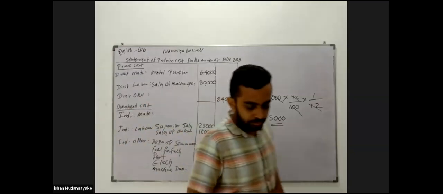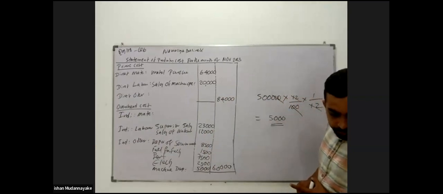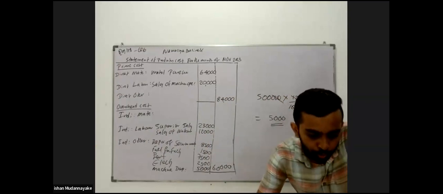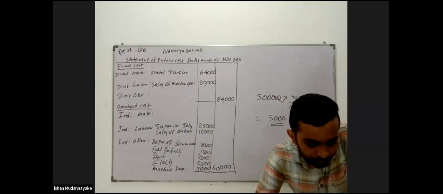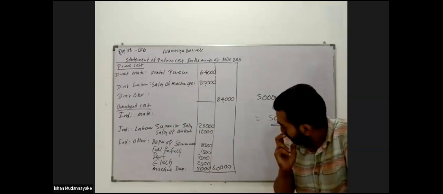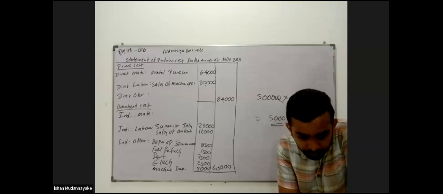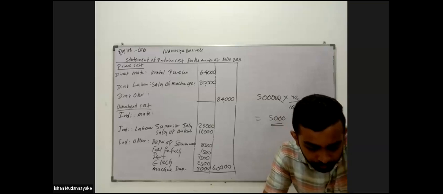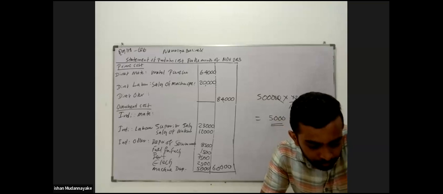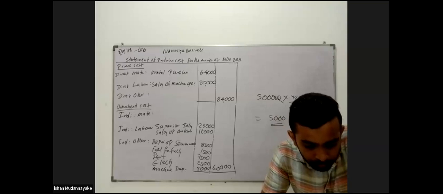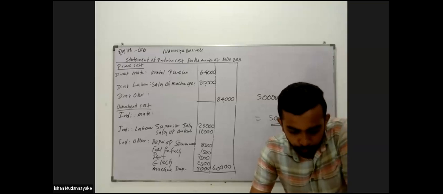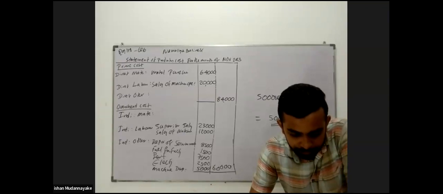Total indirect cost 60,000, yes or no? Yes, 60,000. Right.